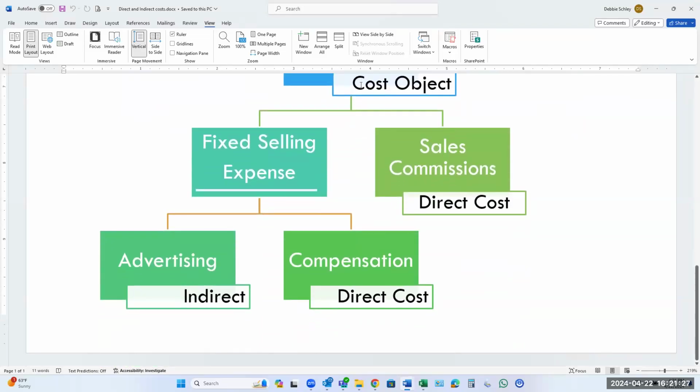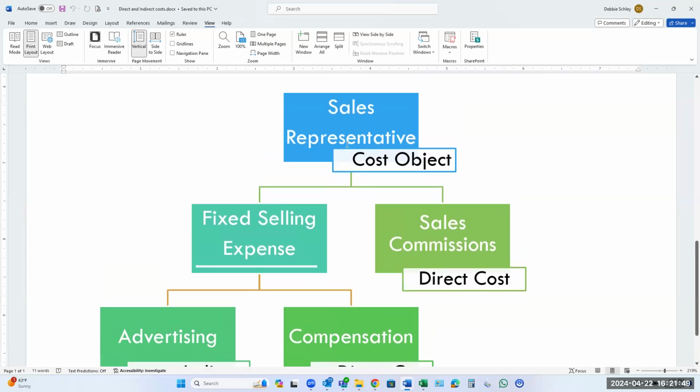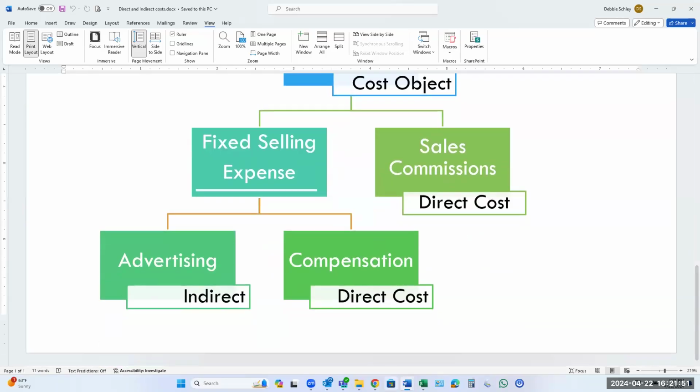Sales commissions are direct, right? Because each salesman, that can be directly traced back to them because they want to be paid the commission for the sale. Compensation is also a direct cost because they want to be directly compensated for that sale. Advertising is our indirect cost when our cost object is the sales representatives.